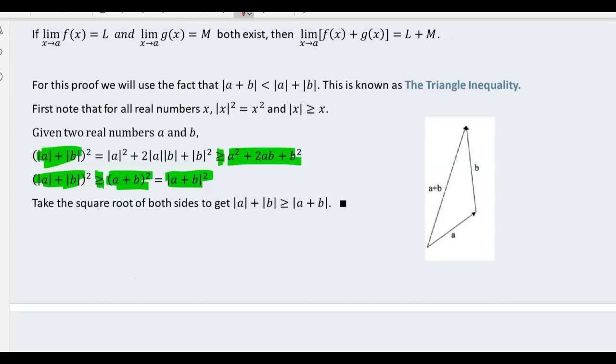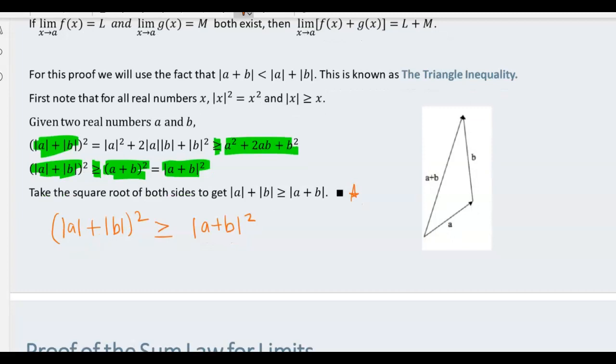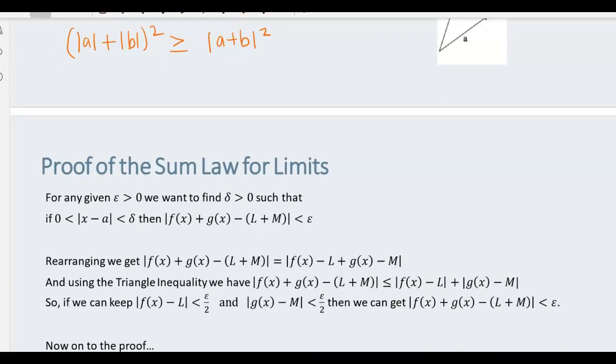So we have the absolute value of A plus the absolute value of B, quantity squared, is greater than or equal to the absolute value of A plus B, squared. Take the square root of both sides, and you're going to get this final thing that we have. So that's just our mini proof of the triangle inequality, which we're going to use for our proof of the law of sums.